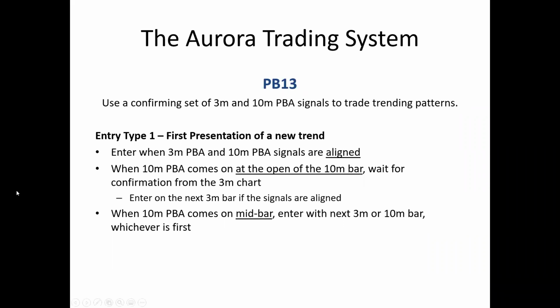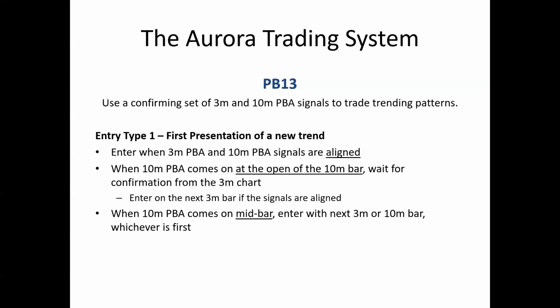However, when the 10-minute PBA comes on at the open of a 10-minute bar, and it is the first time that directional bias has been presented, so it might be the first blue bar after previously printing blank bars or red bars, it's the first time a new 10-minute directional bias is being presented at the open of a 10-minute bar. We're going to wait for the 3-minute to confirm.